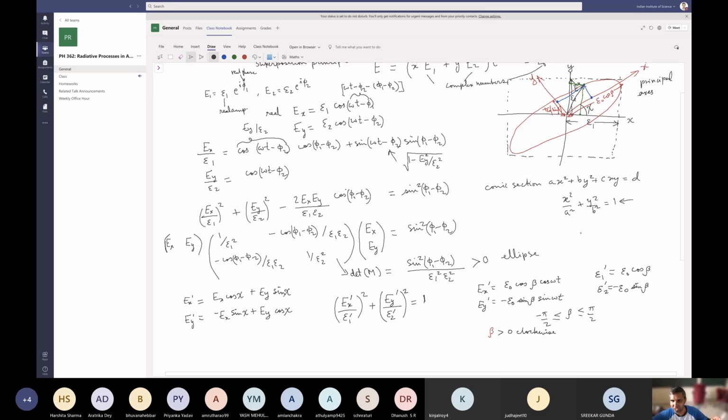If beta is greater than 0, let's say beta is pi by 4, then Ey prime is a negative number times sine omega t. So in that case, the tip of the polarization vector will move in this direction, which is clockwise. You can see the direction that I'm making, right?